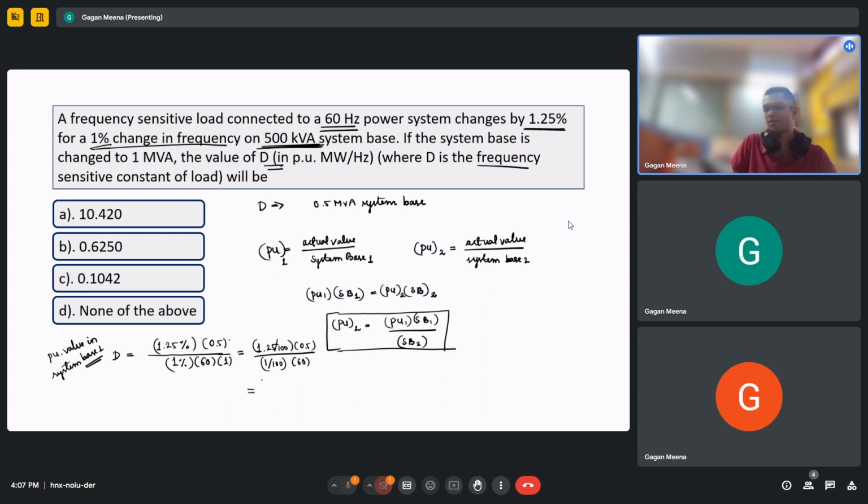So this will be how much? 1.25 multiplied by 0.5 divided by 60. So this is 1 by 96 per unit megawatts per hertz. 1 by 96 comes out to 0.01042.